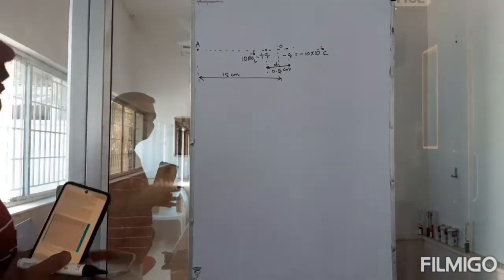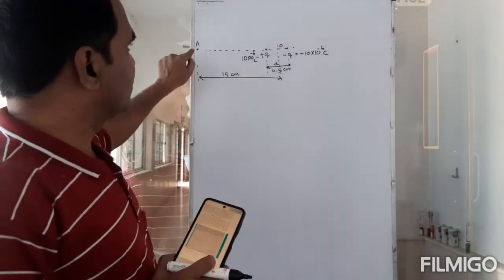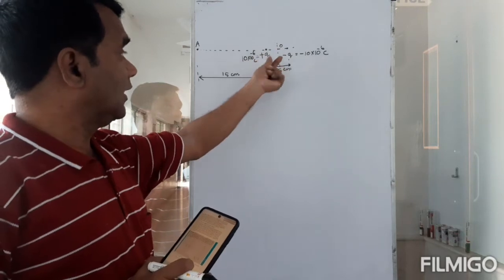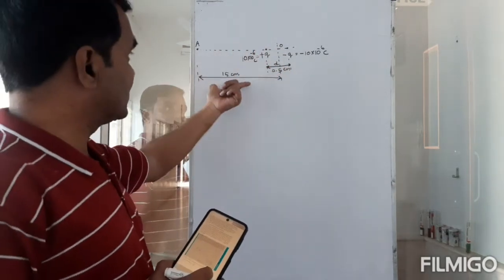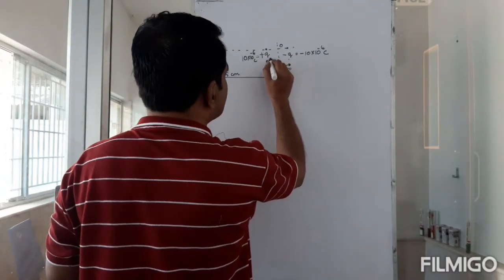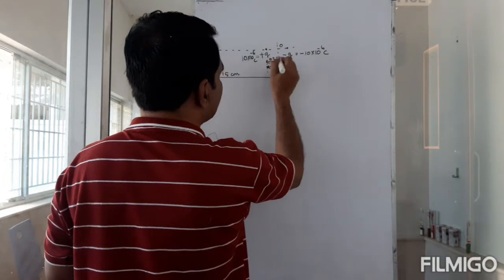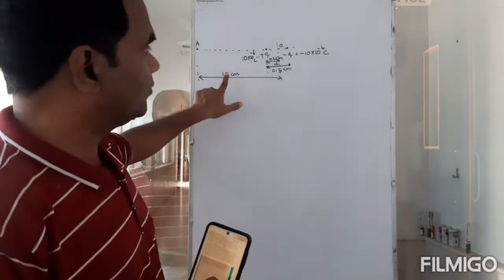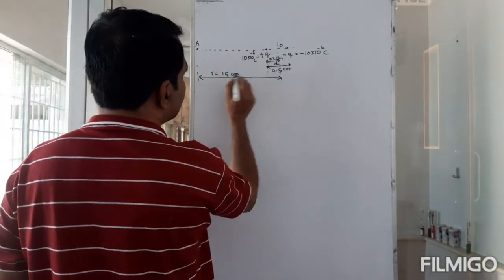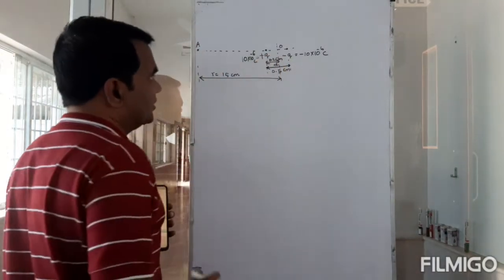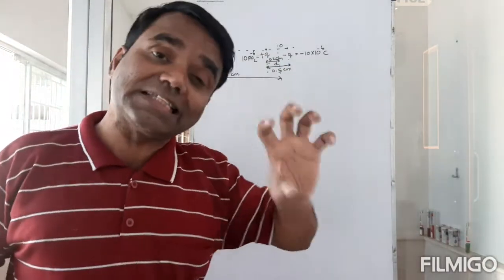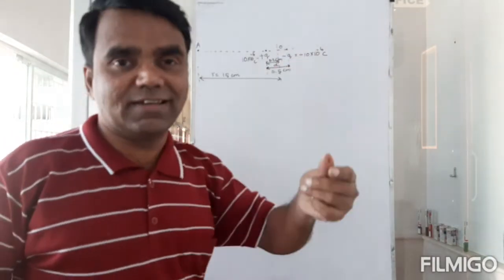Wonderful. So they want you to find E here. Now compare the distances. This is 15 centimeters, this is 0.5, which means A is going to be 0.25 centimeter only. So A is much smaller than R. R is 15 centimeters, and A is 0.25 centimeters. That is, R is 60 times greater than A.